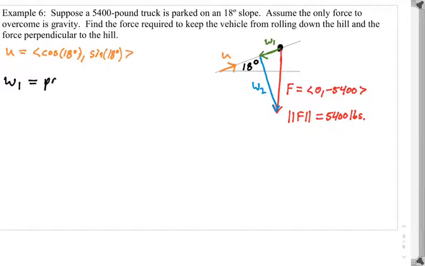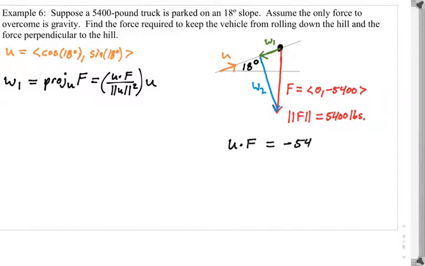W1 is equal to the projection of the force onto the slope U, which is U dot F over the magnitude of U squared, in the direction of U. U dot force is going to be negative 5,400 sine of 18 degrees. The magnitude of U is 1.